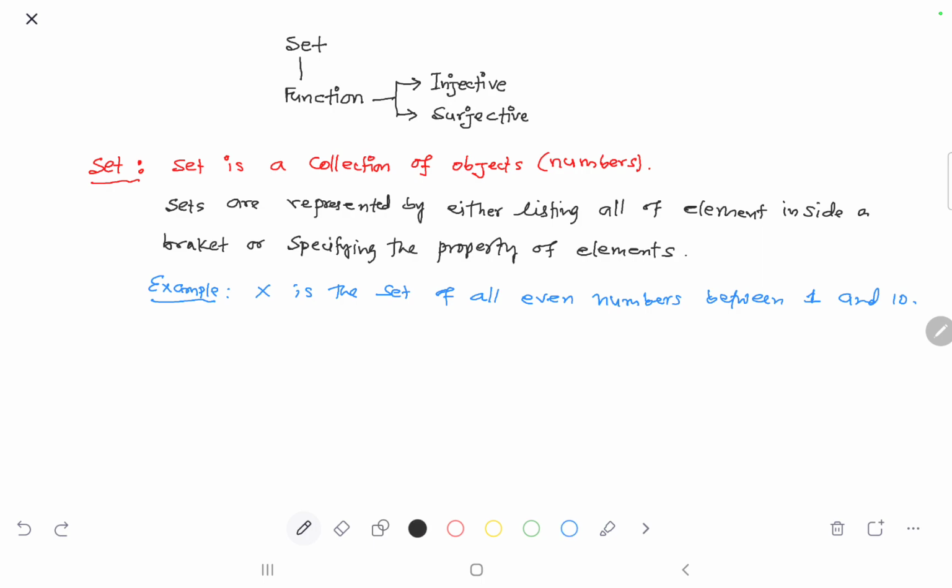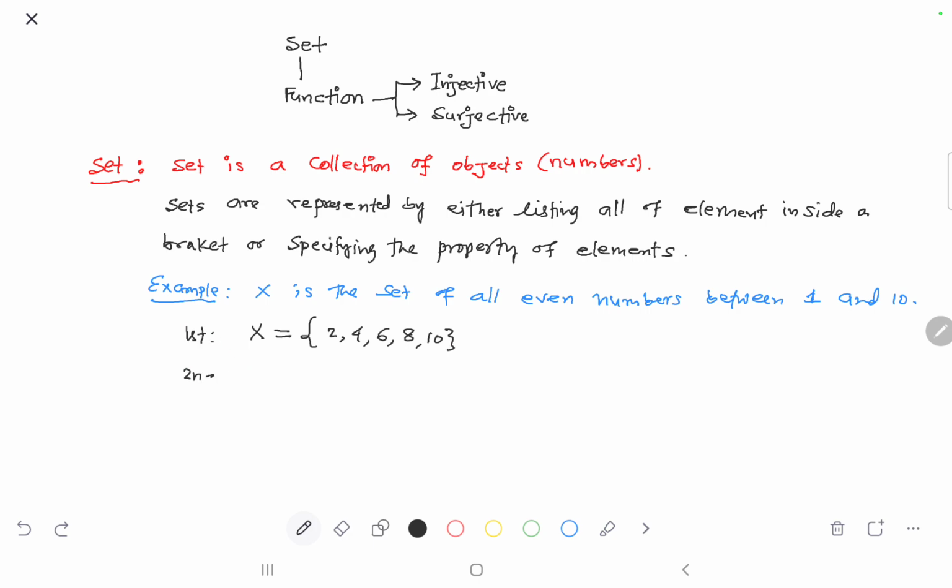So we will represent it in two different ways. First, listing all elements: we list all even numbers between 1 and 10. The first number will be 2, then 4, 6, 8, 10. This is the first process.